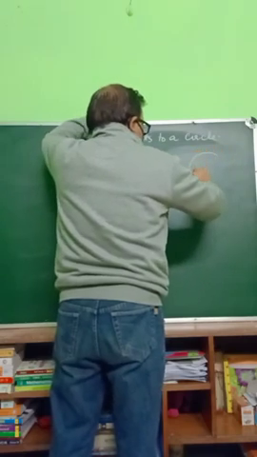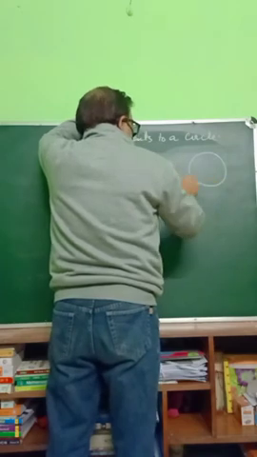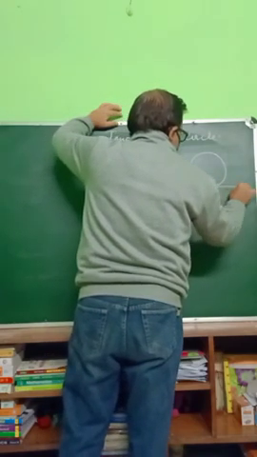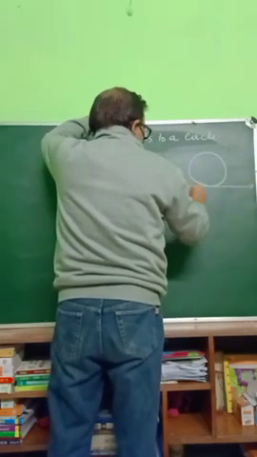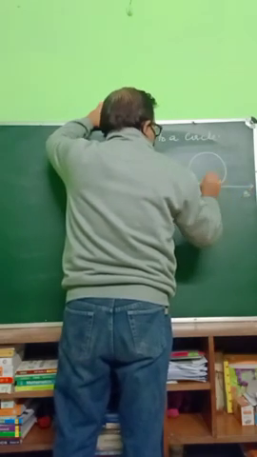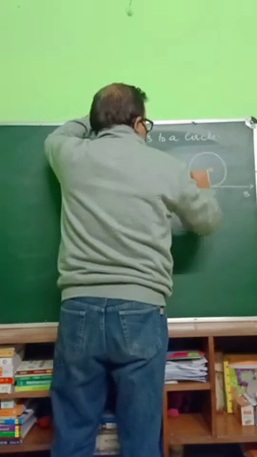This is the circle. This is the line which is touching the circle. It is AB. At point P it is touching it. OP is the radius.